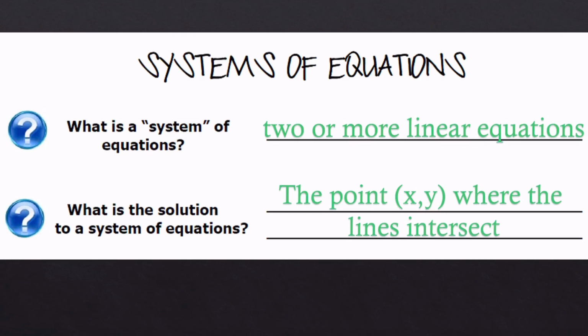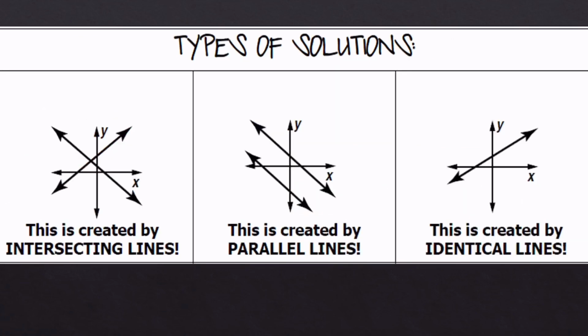That's important to know because there are three types of solutions. Just like there are three types of solutions when we solve an equation, there are three types of solutions when we solve systems of equations.